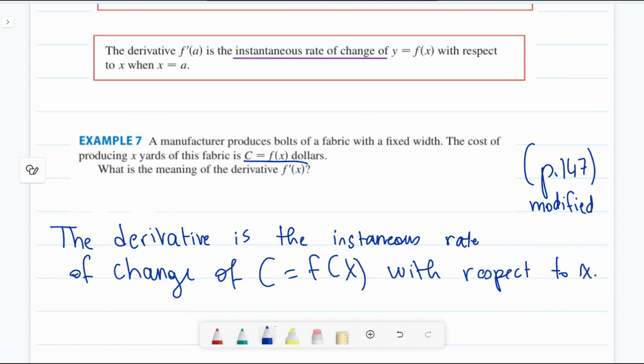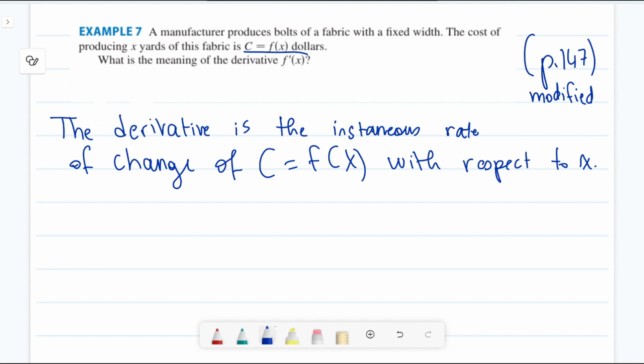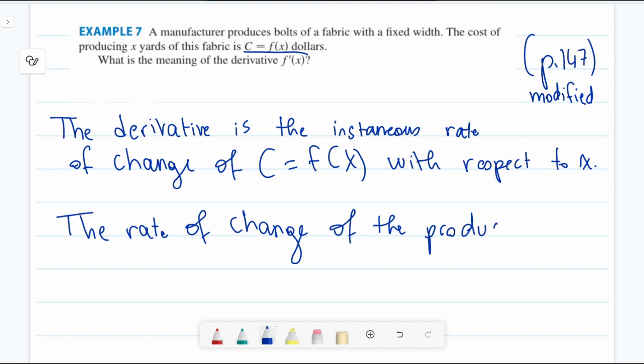So this is basically how much the y value is changing with respect to the x value. In our case, how much c is changing with respect to x. So what is c? C is the cost. In other words, f prime of x can be explained as the rate of change of the production cost, because C is the production cost, with respect to x.